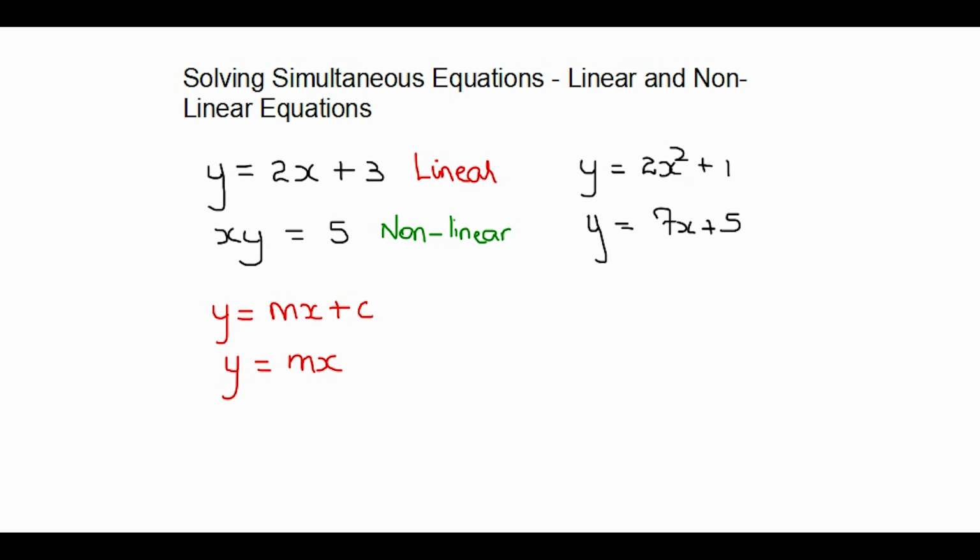So here I am dealing with a quadratic expression. This equation, y is equal to 2x squared plus 1, is a quadratic equation, and the second equation is linear. So here again, we have the linear equation, and in this case, our first equation was our nonlinear equation.